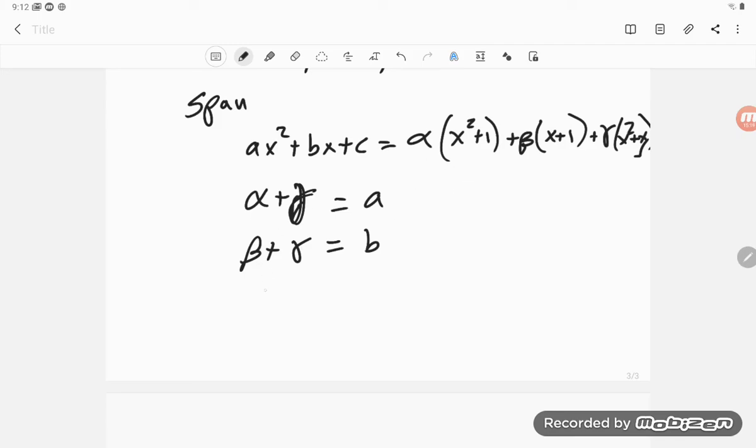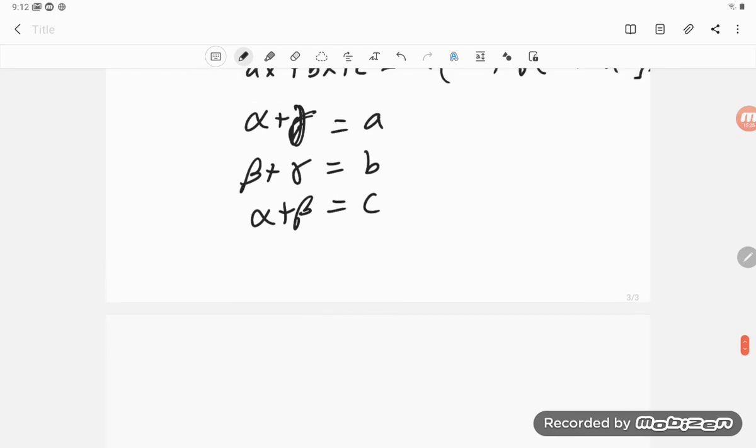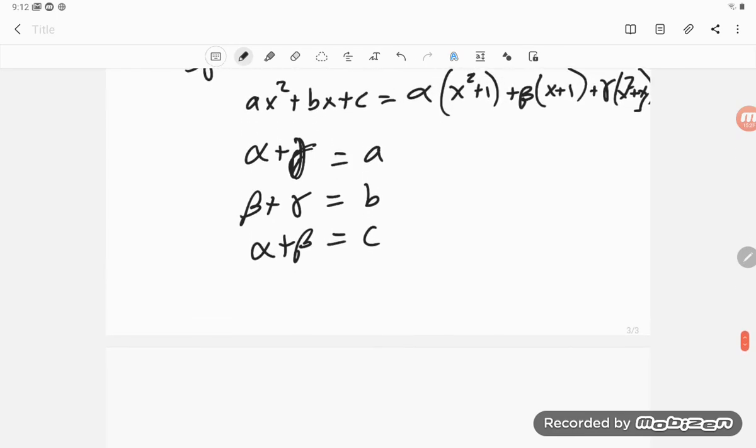I need an alpha and a beta. Alpha plus beta has to equal C. So the question now is, can I find alpha, beta, and gamma to get this A, B, C?